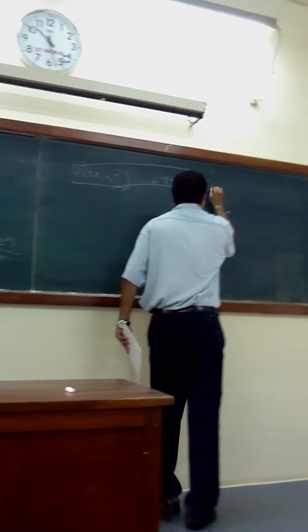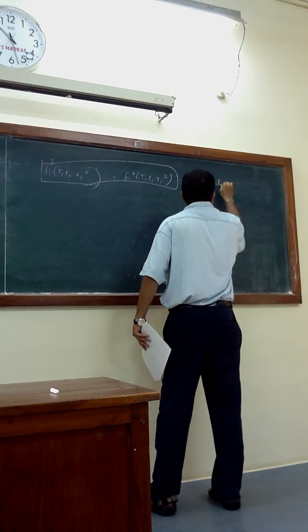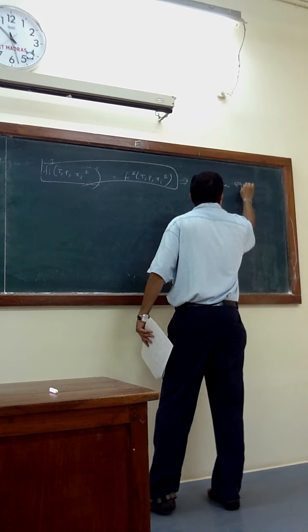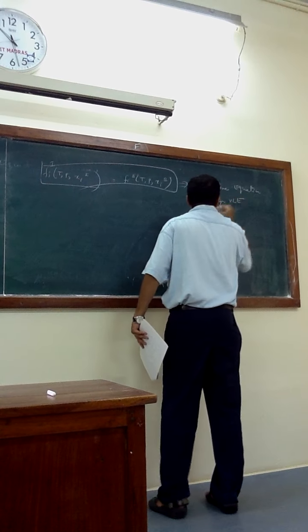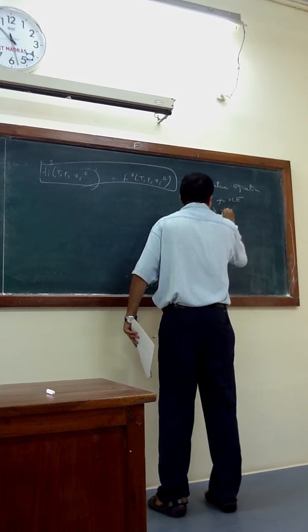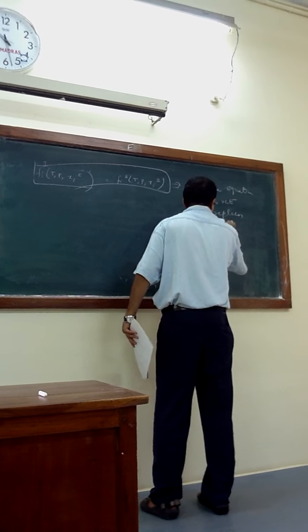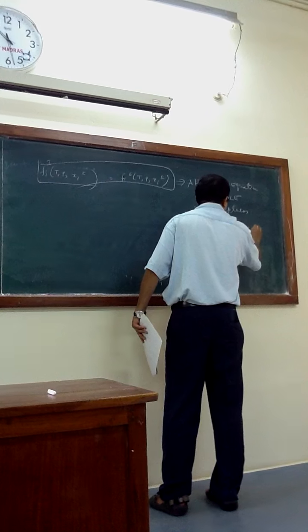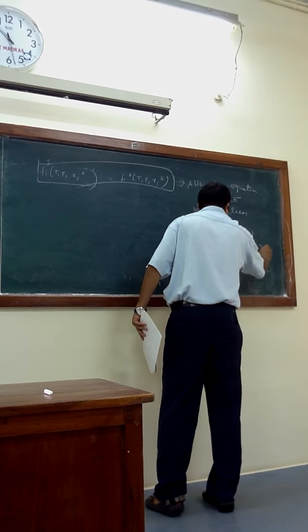So you get this alternative equation for VLE, which replaces mu i1 (T, P, x bar) equals mu i2 (T, P, x bar).